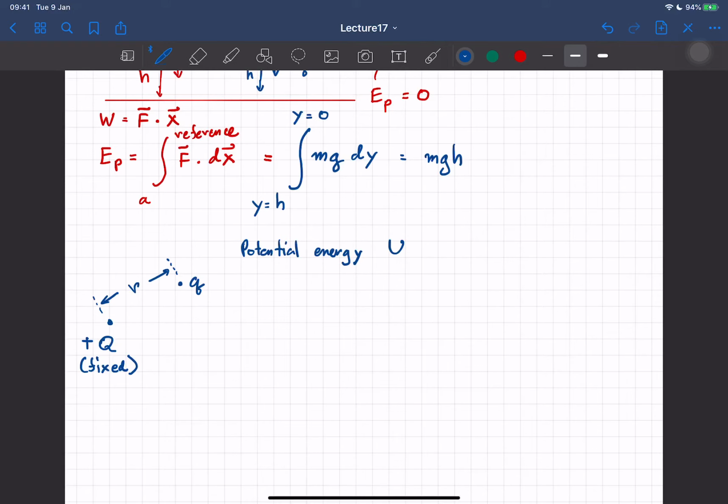U, which will be a function of r, is given by the integral of this position r to the reference position, which in this case we're going to take to be as far away as we can, which is r equal to infinity. So this is the reference point.